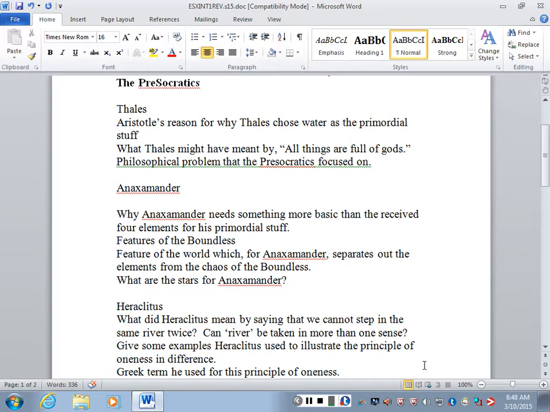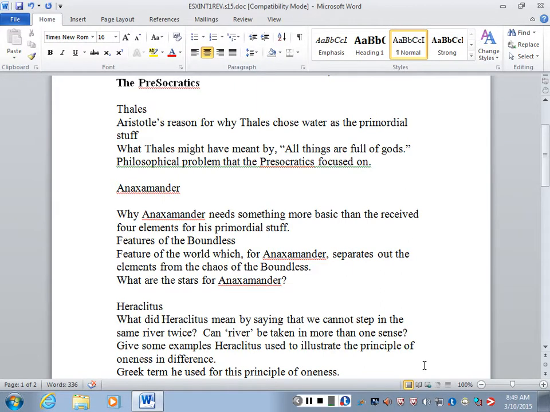Now, features of the world for Anaximander, which separates out the elements from the chaos of the boundless. Now, your book takes some delight in saying, well, maybe this was, if I can recall, maybe this was an example of an early Big Bang. And what separated out the elements was some sort of a cataclysmic event.